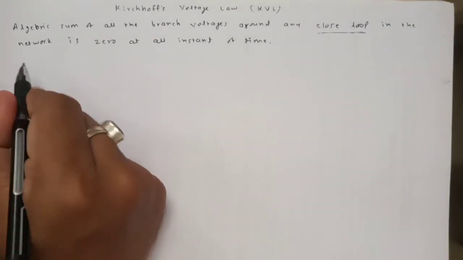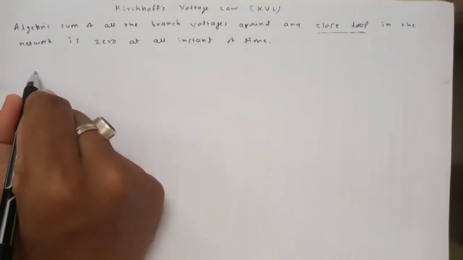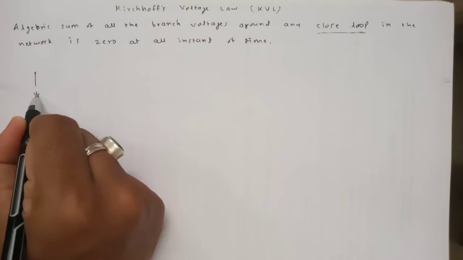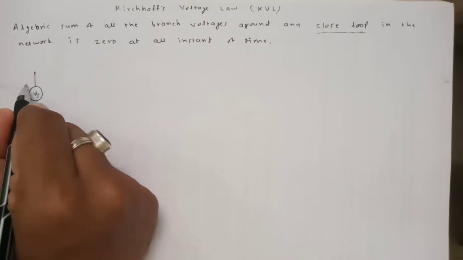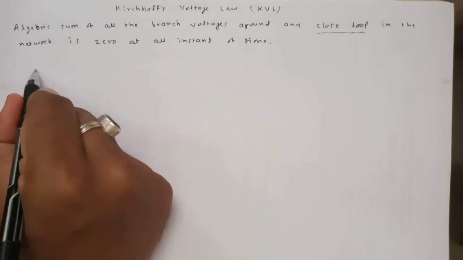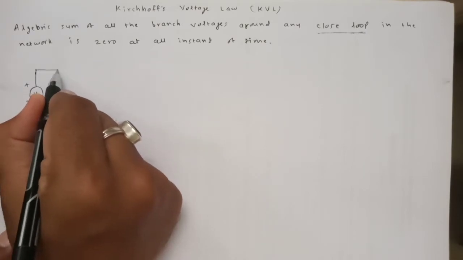Let us consider we have one circuit. Here we have a voltage source, let us say Vs. It has polarity like this, positive, negative, and let us connect some elements. Now these elements can be anything.